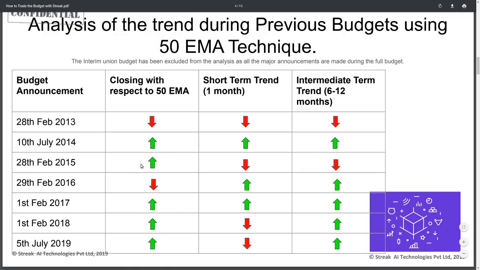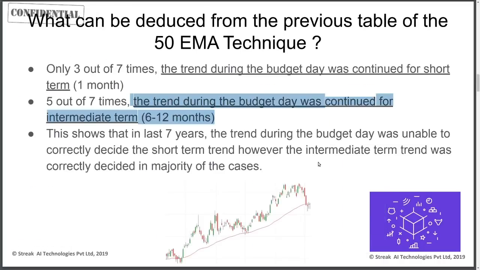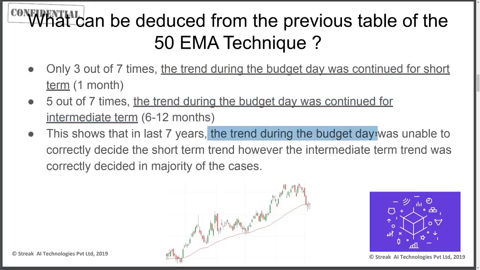Only in 2015 and 2016 did the day trend not match the intermediate term trend. So this, based on the last 7 years of data, shows that the trend during the budget day was unable to correctly decide the short-term trend. However, the intermediate trend was correctly decided in the majority of cases.